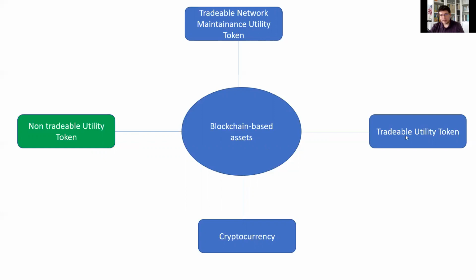And then we have the utility tokens. And utility tokens are tokens that have a certain purpose. In our case, a utility token represents a grade, represents a learning certificate. But a tradable utility token in a game could be the in-game currency, for example. And here we make a difference between the non-tradable utility tokens, which I outlined here in green, because this is the type of tokens I used to work with.